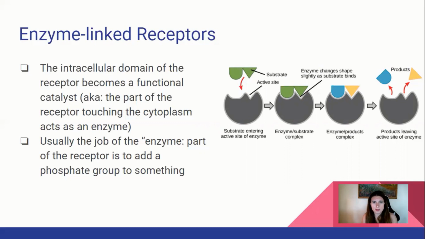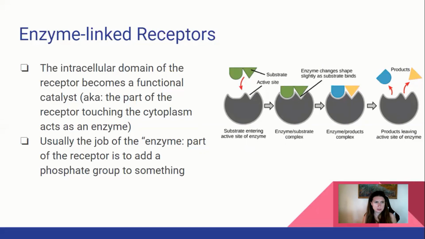So you may or may not remember when we talked about proteins, we briefly mentioned that enzymes are a type of protein that act as a catalyst. So enzymes are just a protein that makes it easier for a chemical reaction to happen, that makes that reaction happen faster. So an enzyme-linked receptor, when a signal binds onto it on the outside, on the inside, our receptor protein becomes an enzyme, so that inside part starts speeding up some chemical reaction.